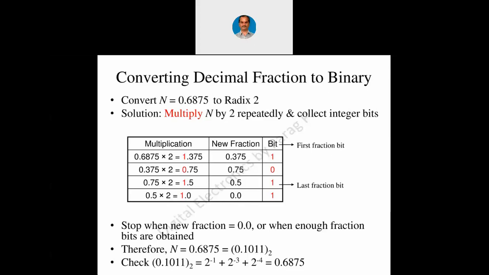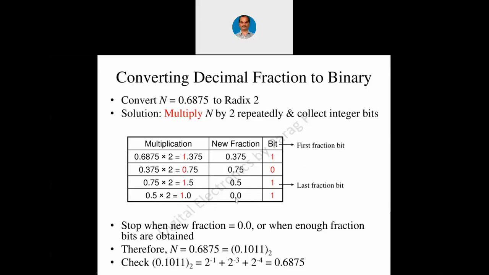Now, at times the conversion may end, at times the conversion may not end. It depends on the type of the number. For example, this 0.6875 is in the form of 2's powers with negative exponents. If any such number is already a sum of powers of 2 with negative exponents, then the conversion procedure will stop, which means we will arrive at 0 at some point of time.